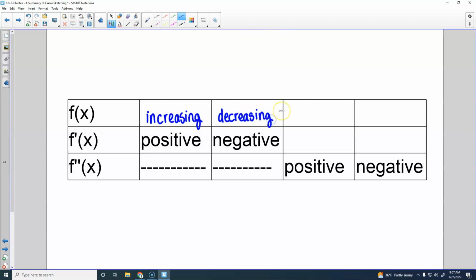This is always true. So if we know a second derivative is positive, it tells us the first derivative is increasing. And if we know a second derivative is negative, it tells us the first derivative would be decreasing.